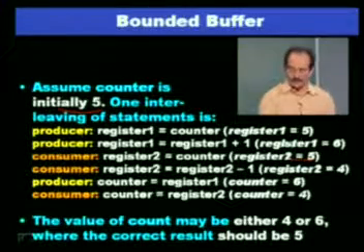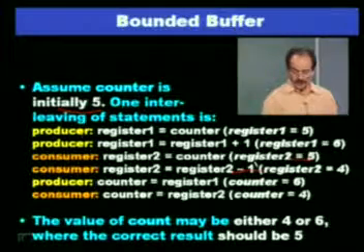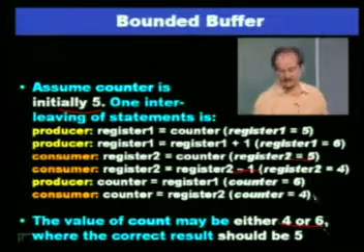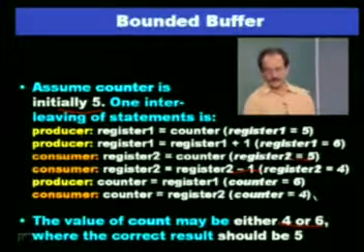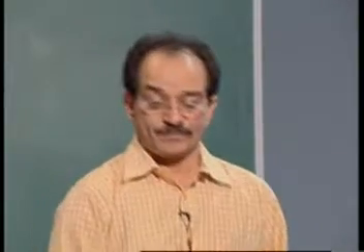That means I operate upon both registers and then decrement register 2. Now, ultimately what will happen? The value of the count may be either 4 or 6, whereas this value should have been 5. So this is what happens in case my producer and consumer statements get interleaved.